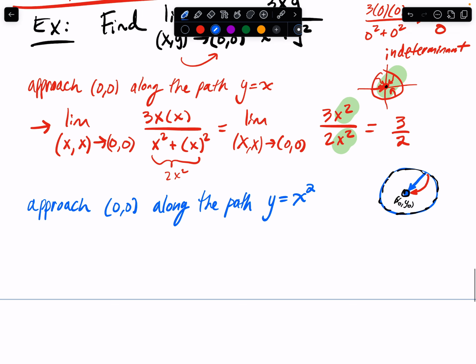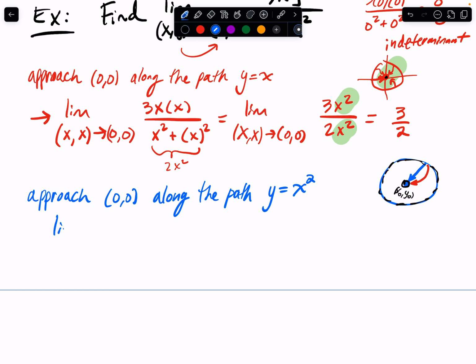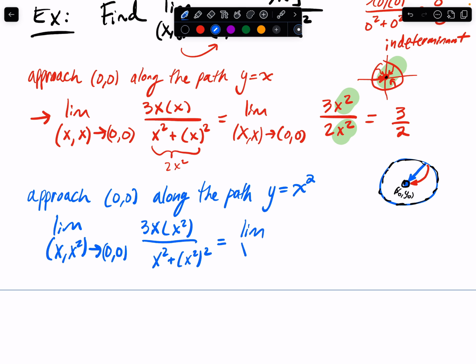If I do that, everywhere I see a y, I'm going to replace that with x squared. So this becomes 3x times x squared over x squared plus x squared squared. The limit as (x, x squared) goes to (0, 0) of 3x cubed over x squared plus x to the 4th.